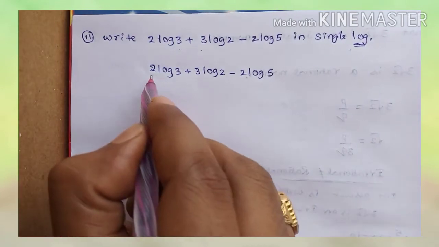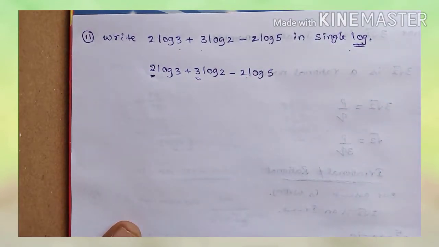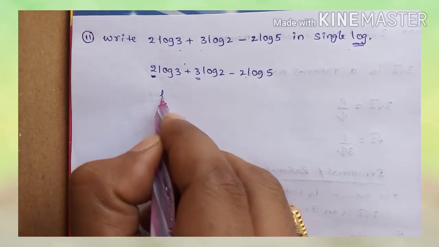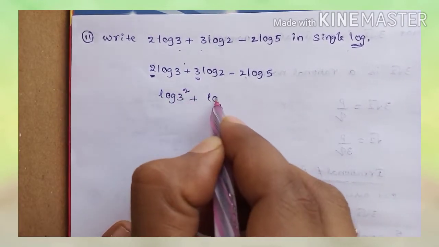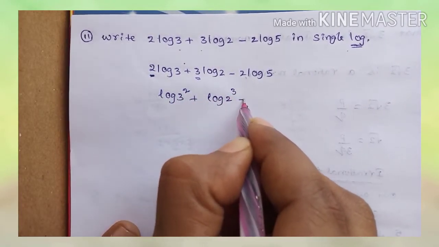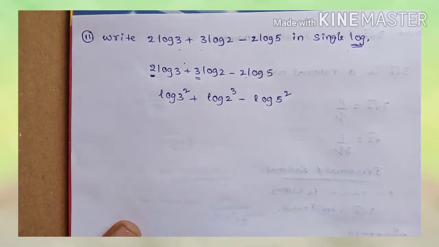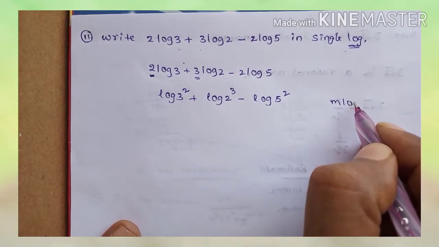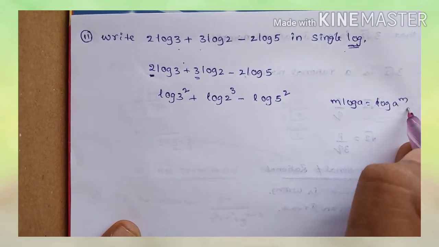Now first, whatever coefficients are there, they should be written as powers. First 2 we can write as a power, log 3 power 2, and again log 2 power 3, and the third one also log 5 power 2.